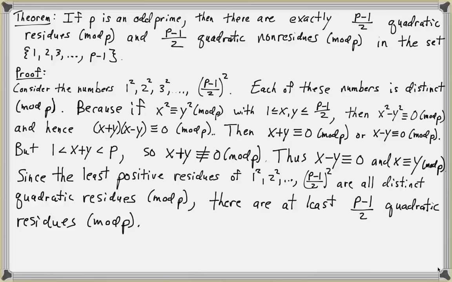And now I'll show that every quadratic residue must be congruent to one of these integers, 1 squared, 2 squared, up to ((p minus 1) over 2) squared. Therefore, there are going to be at most (p minus 1) over 2 quadratic residues, and that will show that there has to be exactly (p minus 1) over 2 quadratic residues. So let's continue.